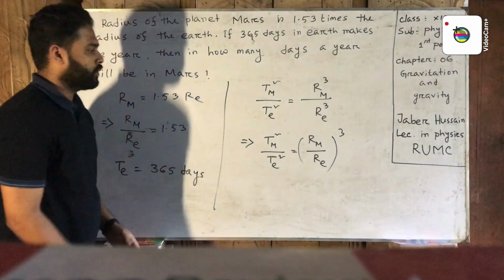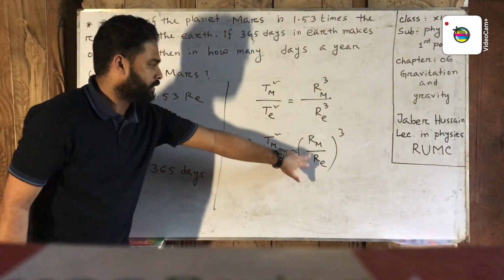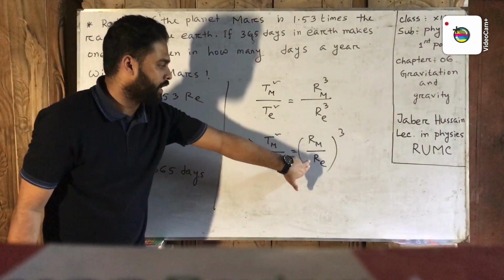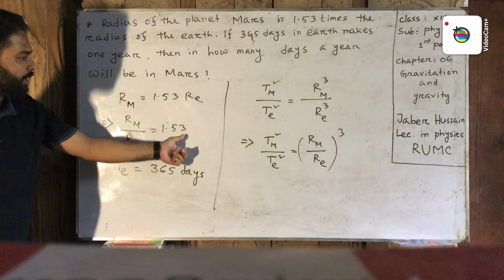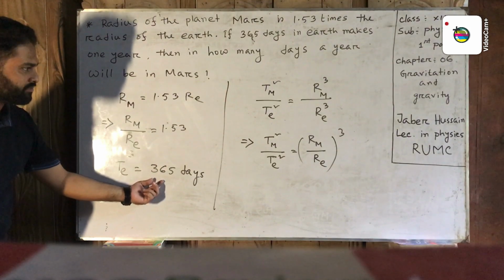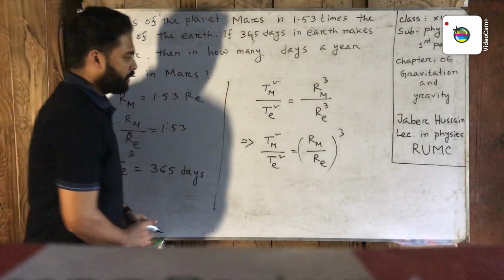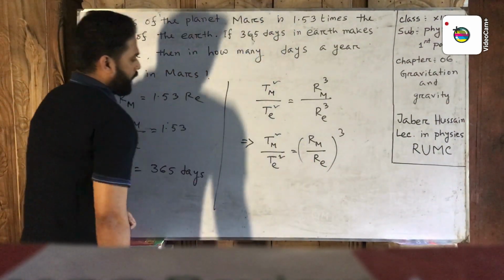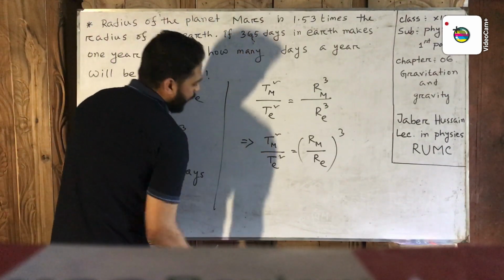Now putting the value of Rm by Re, the ratio of Rm and Re is 1.53 and the value of Te is 365 days. Putting the values in this equation, we will find the value of Tm.